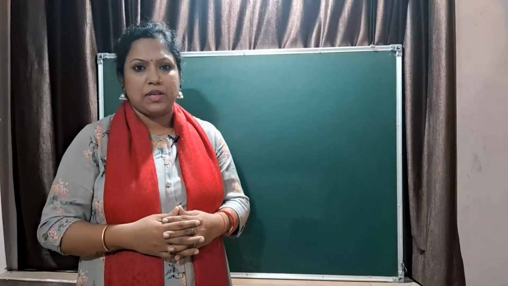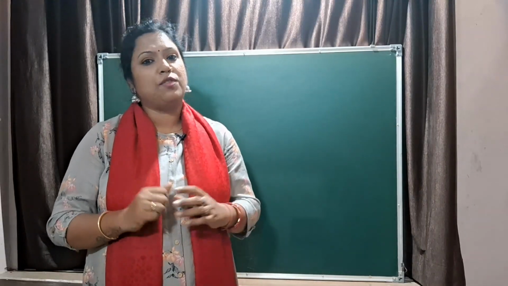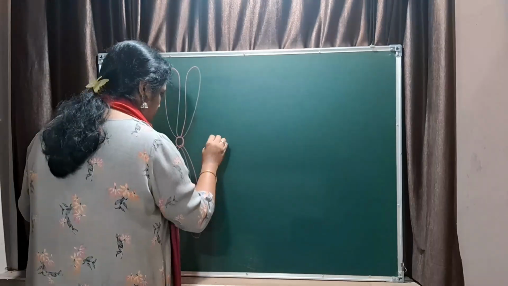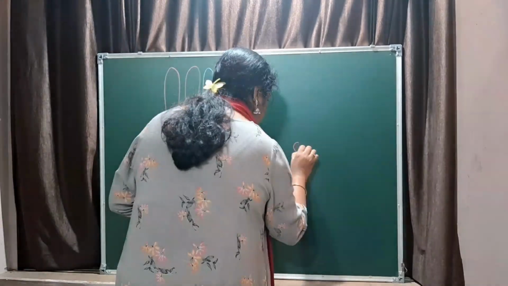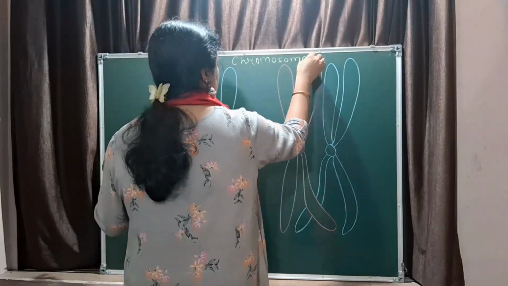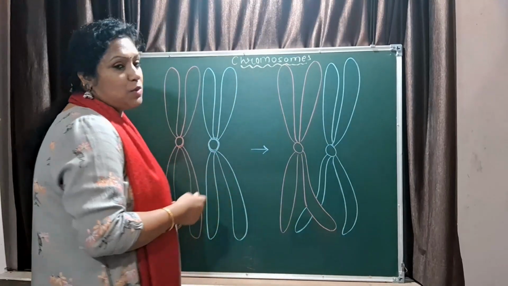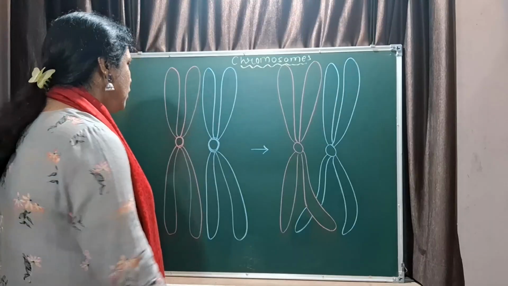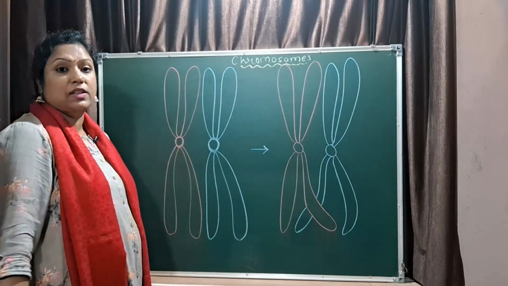So let's begin with the important concept of basic biology, the structure of chromosomes. This is the diagram for the chromosomes. Now you must have seen I have used the traditional pink and blue to depict the chromosomes from the mother and the father.